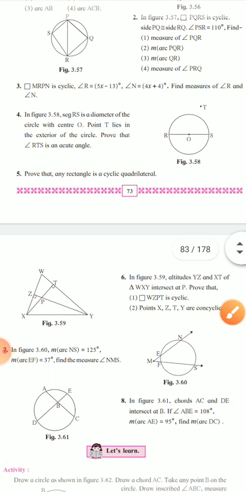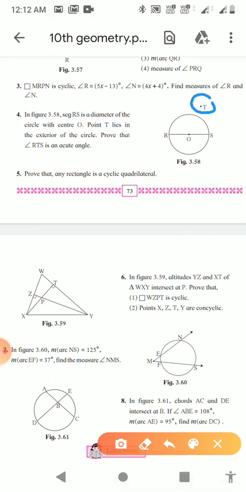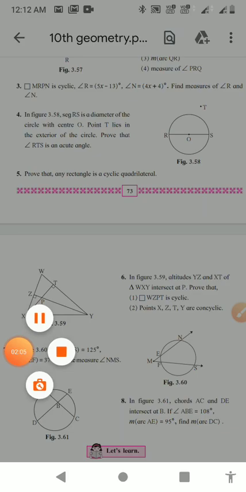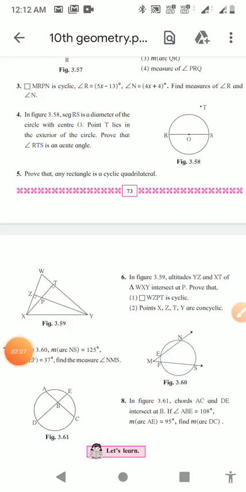If we see the point T here, it is outside the circle, isn't it? We have to prove that angle RTS is an acute angle. It seems necessary that we do some construction in this diagram. So let us start the solution of this question.